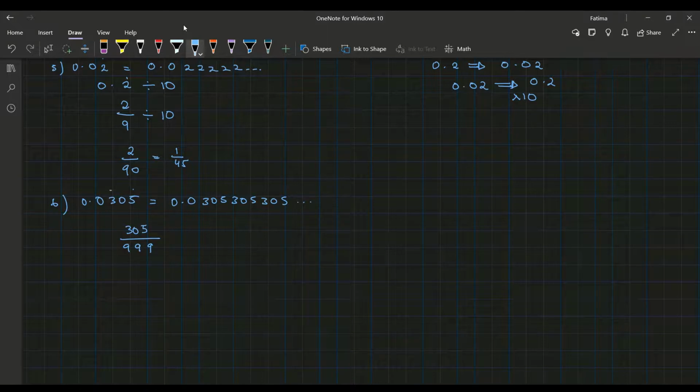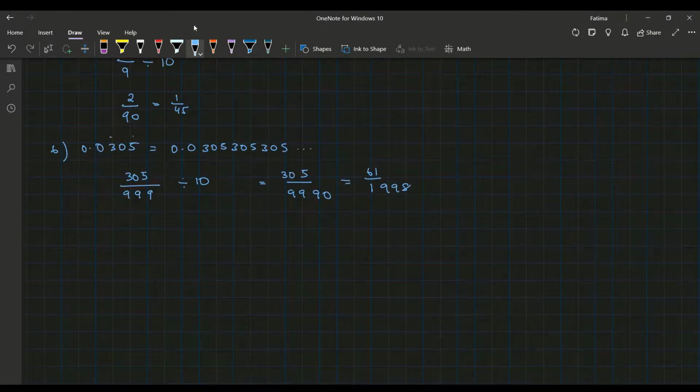But you should notice that we're dealing with 0.0305 and not 0.305. So in the same way as question number 5, we would have to divide this by 10. And if you simplify this, you'd see that would be 305 upon 9990, and that can further be simplified to 61 by 1998.